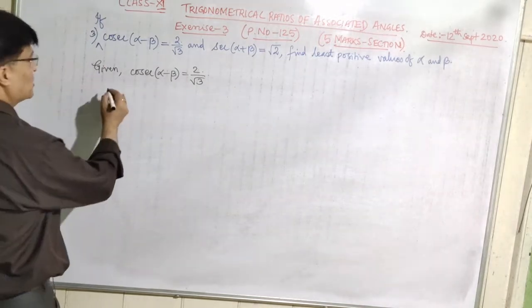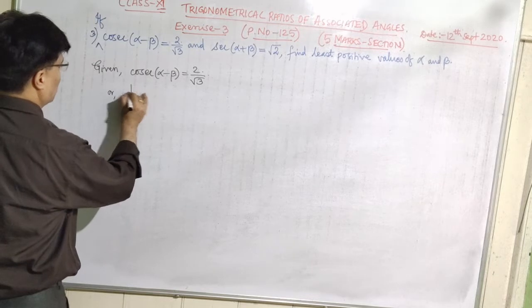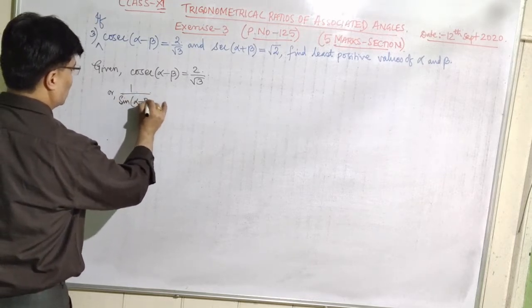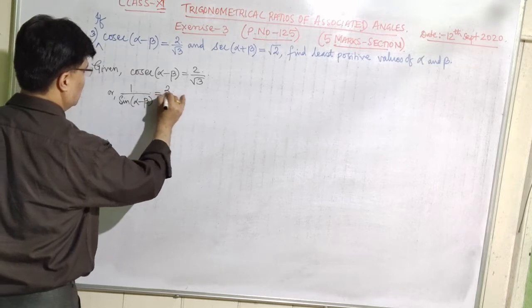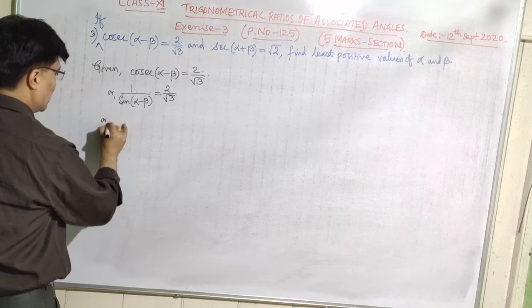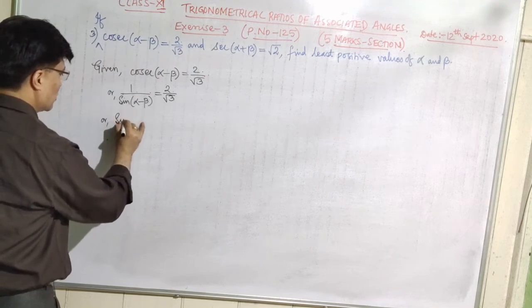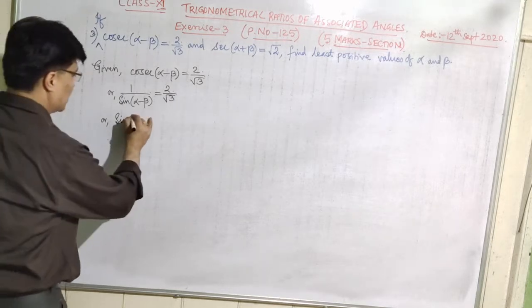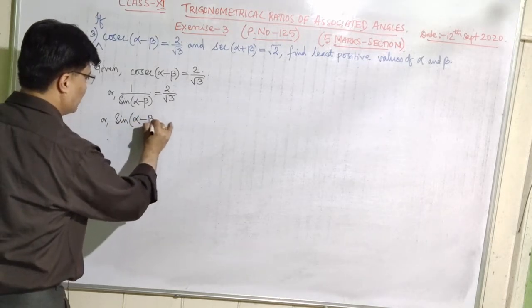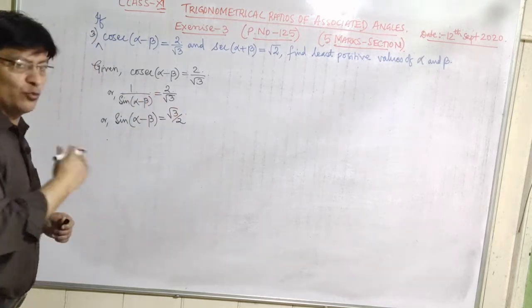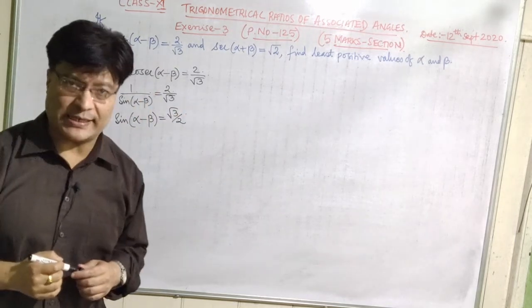So 1 upon sine(alpha minus beta) is equal to 2 by root 3. Let us invert both the sides so that we can get the value for sine of alpha minus beta. So sine of alpha minus beta is equal to root 3 by 2.